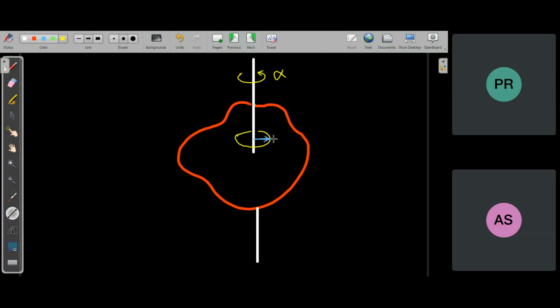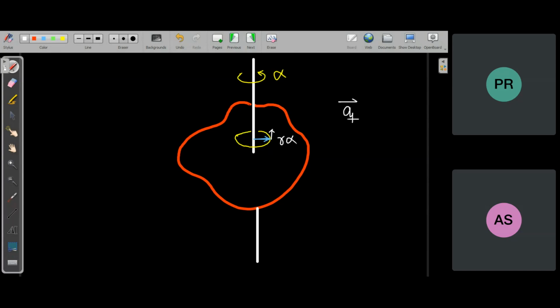You can clearly see it will be along the tangent to this circular path, which will come in the backward direction. You have to imagine in 3D, it will go in the backward direction, not in the plane. You can visualize this. And its magnitude is nothing but r alpha.